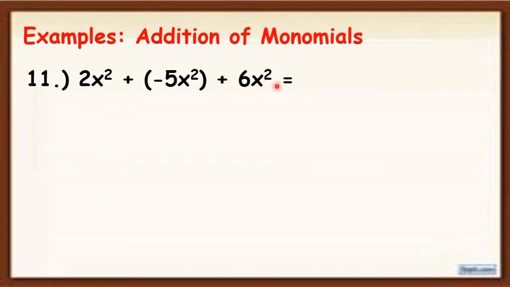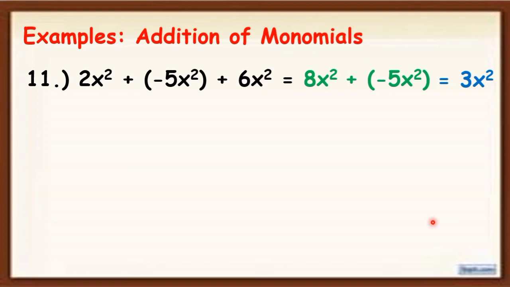So it will become 8x squared. Then add negative 5x squared. So since they are unlike signs, we are going to subtract. So the answer is 3x squared. So always remember that you copy the sign of the number that has a greater absolute value.